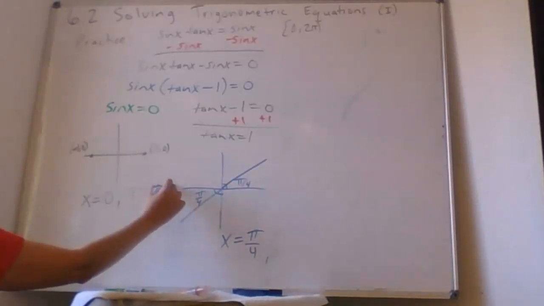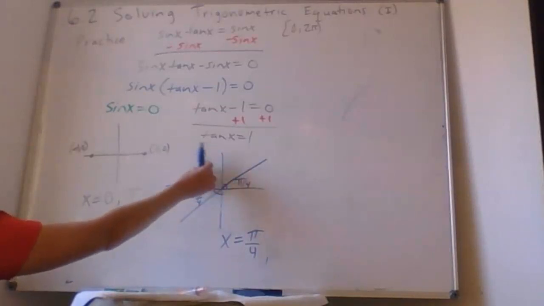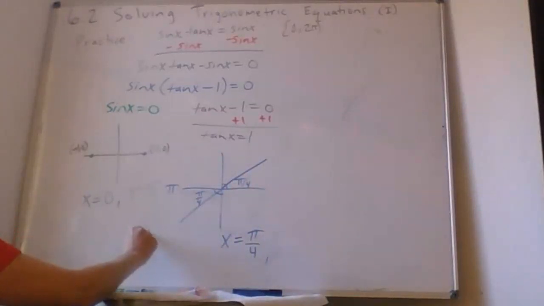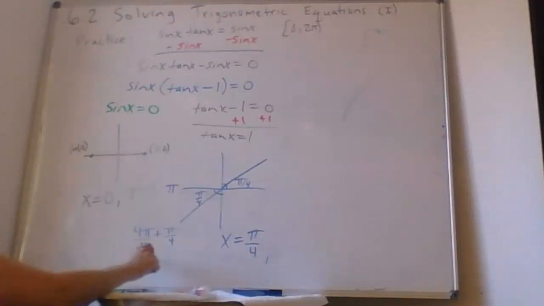Here, this angle is pi, but we have to pass pi, so we calculate pi plus pi over 4. Well, we could write pi as 4 pi over 4, so we get 5 pi over 4.